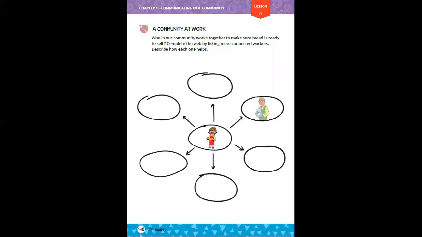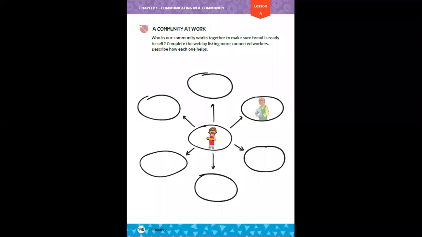Here in our book, we see a picture of a baker and another one for a grocer. How do you think a baker and a grocer are connected? How does the grocer help make sure bread is ready to sell? Try to think. Yes, excellent.